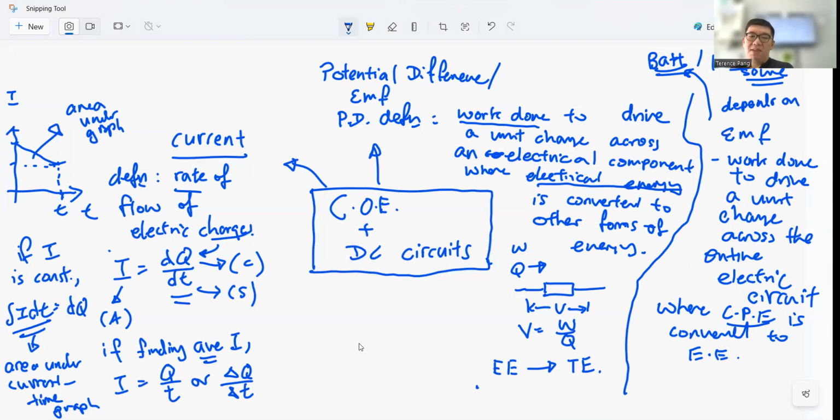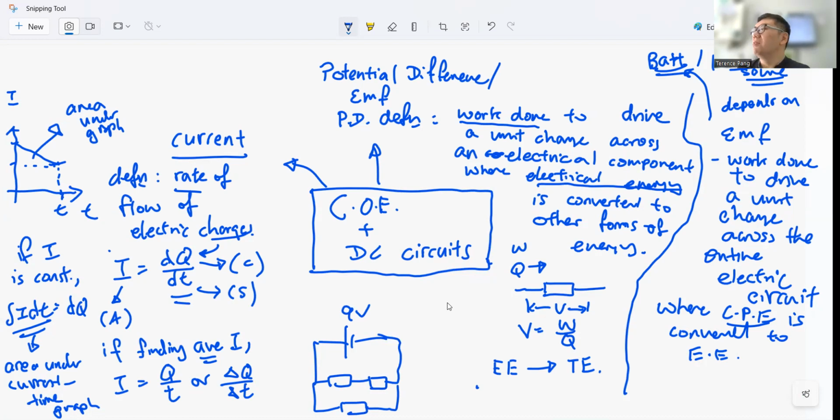So if you have a 9-volt cell, it's still a 9-volt cell. No matter what circuit you put inside, you could add on another resistor. This 9-volt cell will still remain a 9-volt cell because this is the EMF. But potential difference can vary.